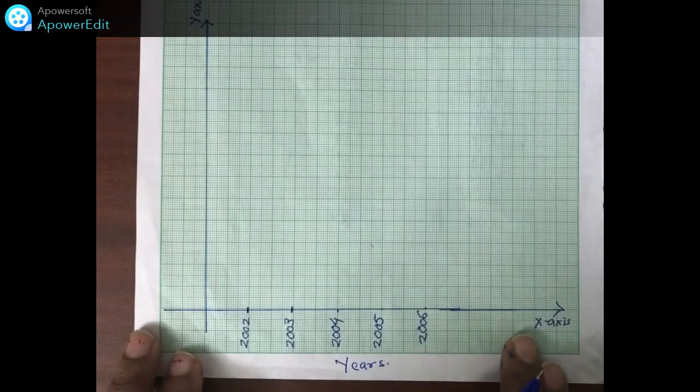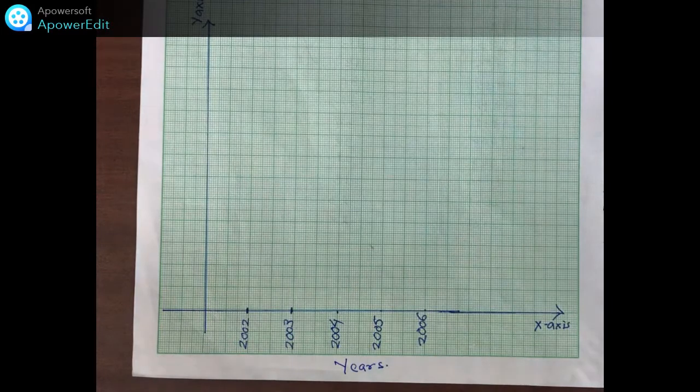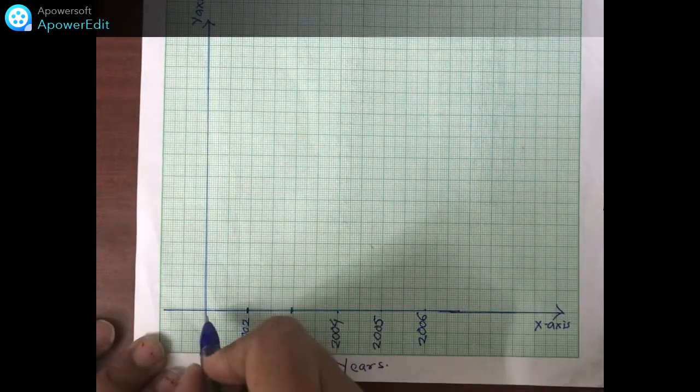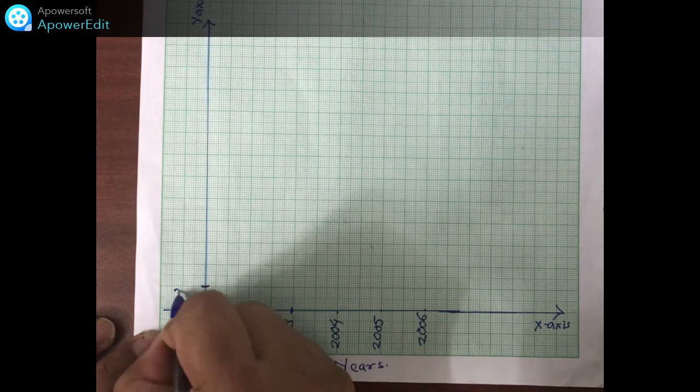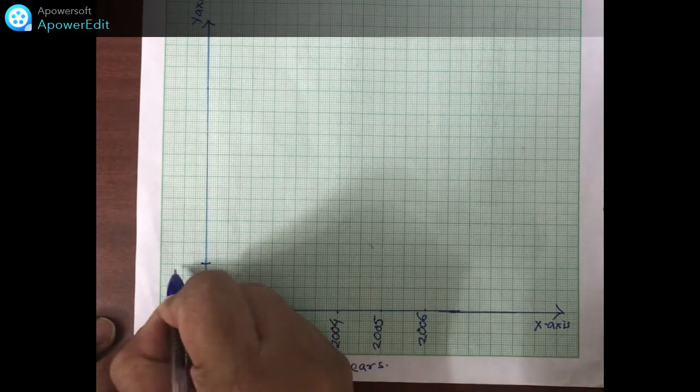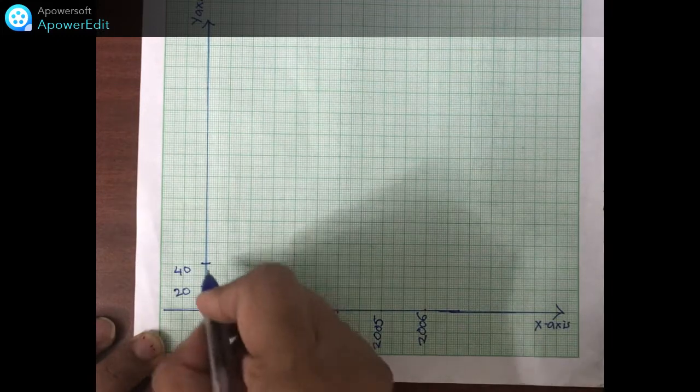Now for actually locating the values and plotting, we will first write the y-axis values. As I told you, we start with the value of 20 with an interval of 20 each.